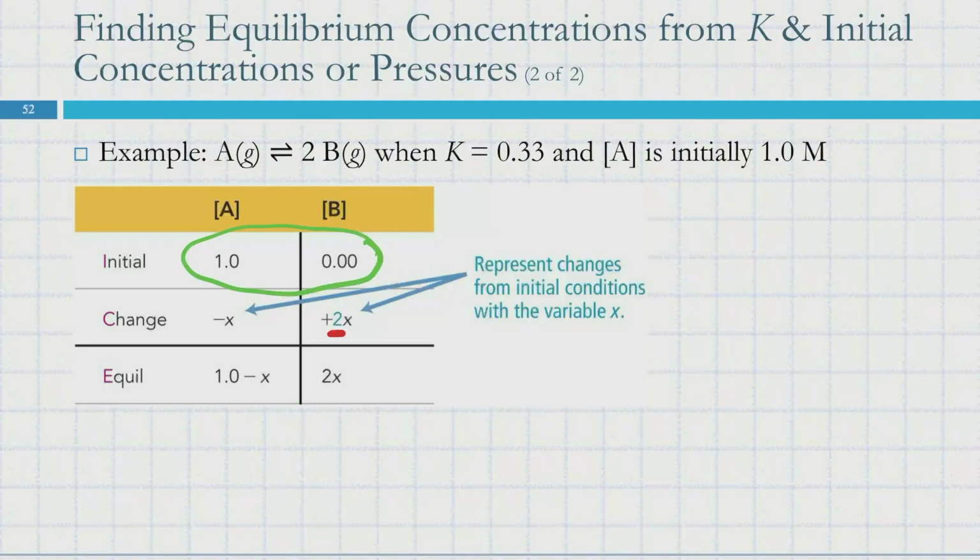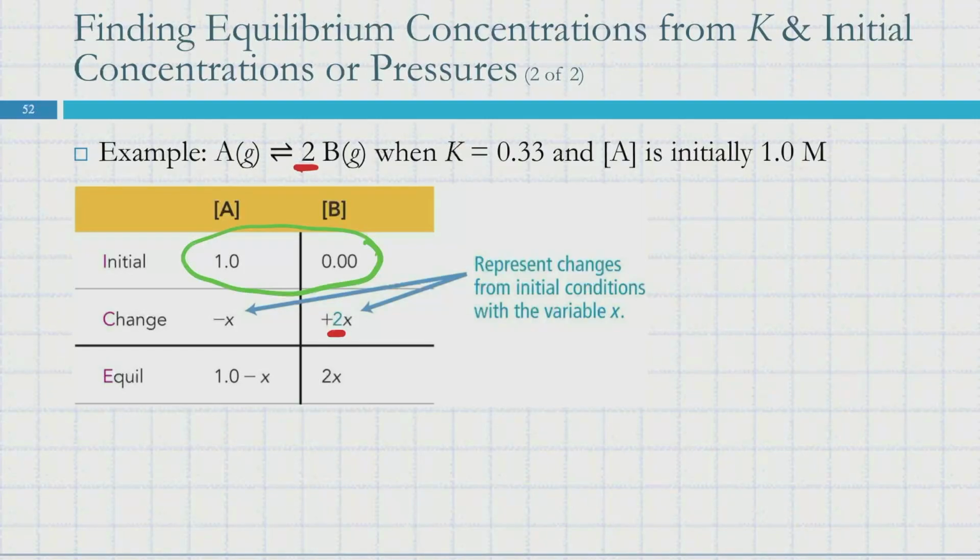Our product, B, has a coefficient of 2. So we plug in a plus 2x. It's going to gain 2x. And then at equilibrium, it's our initial plus or minus our change. So for concentration of A, 1 minus x. For concentration of B, 2x.